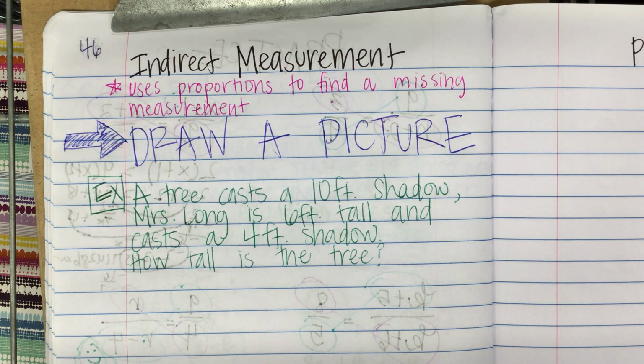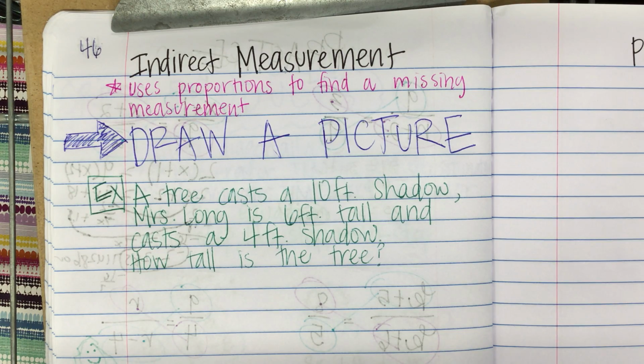The tree, I do not know how tall it is, but I know its shadow. And if I know both of those shapes' shadows, and I know one of the shape's height, I can use a proportion to figure out the other one. So here's how we set it up.